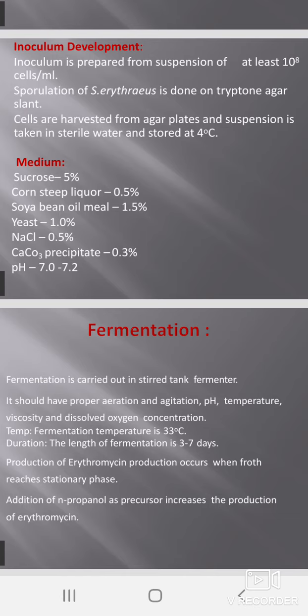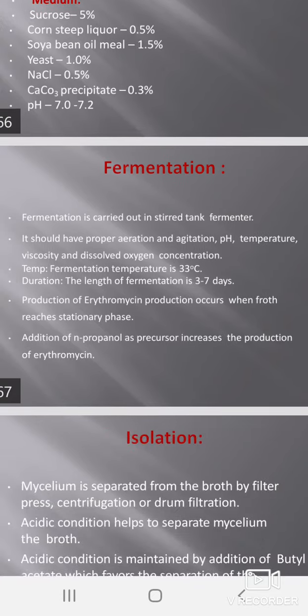It should have proper aeration and agitation, pH, temperature, viscosity, and dissolved oxygen concentration. The fermentation temperature is 33 degrees Celsius. The duration of fermentation is 3 to 7 days. Erythromycin production occurs when growth reaches the stationary phase. Addition of n-propanol as a precursor increases the production of erythromycin.